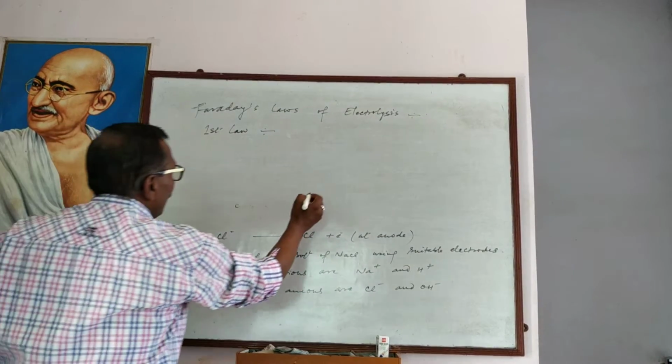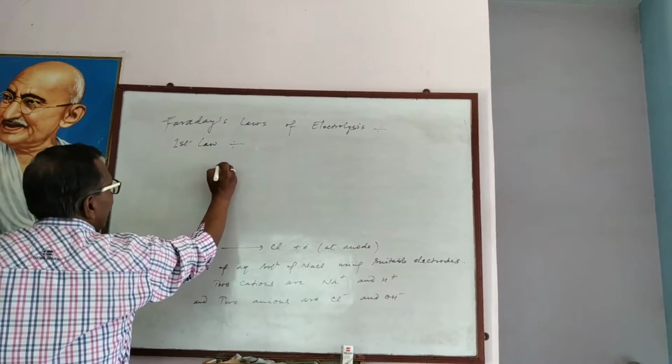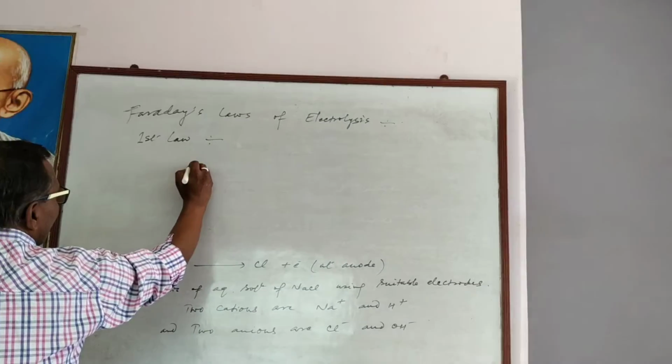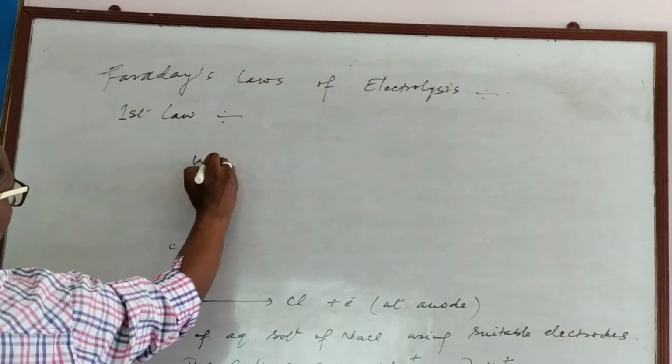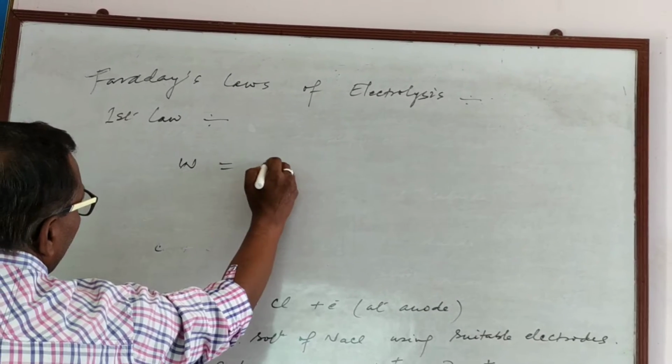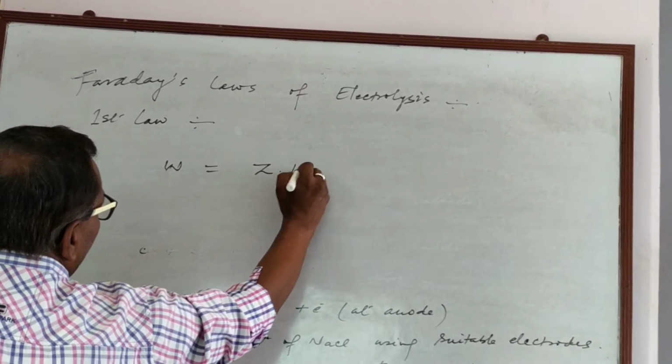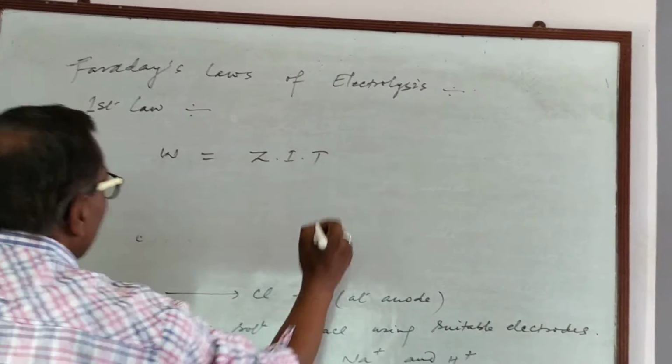Now, this statement can be formulated as W is equal to Z I t.